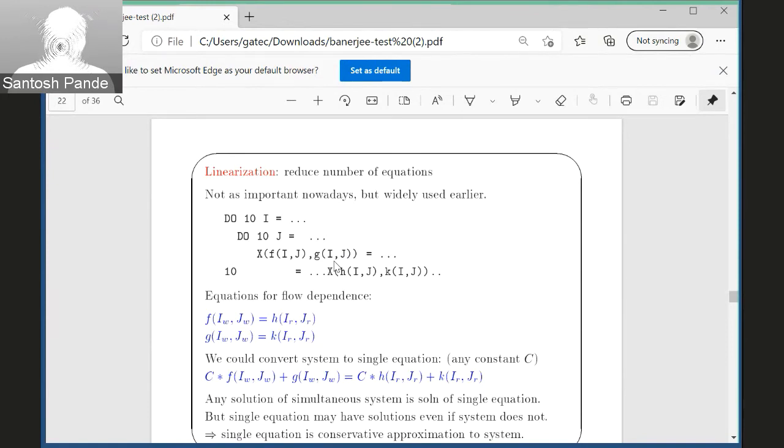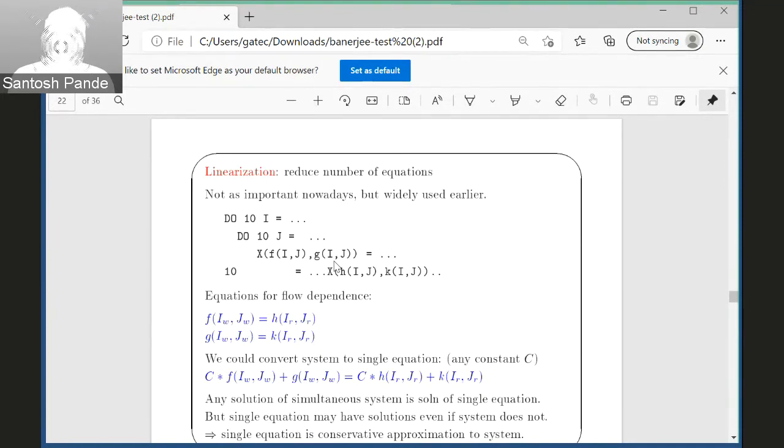We will not get into that much, but that is how the coupled subscripts are typically tackled, by choosing the right coefficients, right multipliers, converting into a single system, and then applying the Banerjee inequality on top of it.